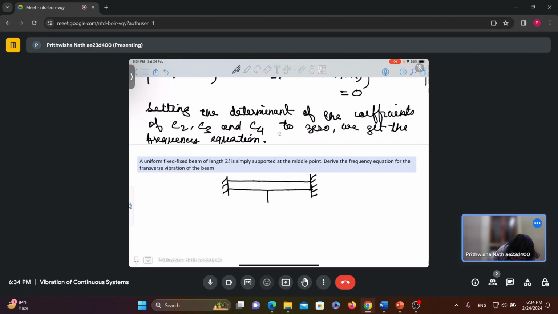So this distance is L, and this distance is also L. So here we will set up two coordinate systems. From this end it is x1, from this end it is x2.